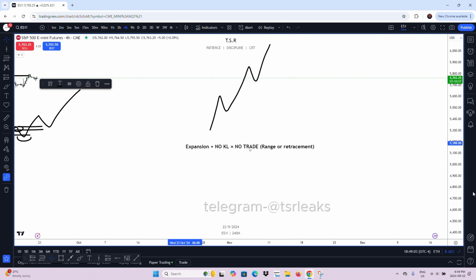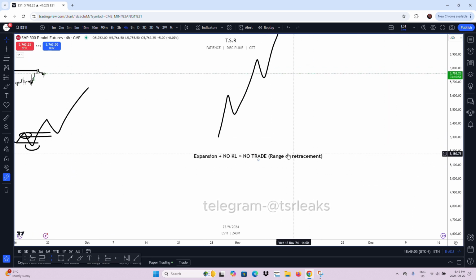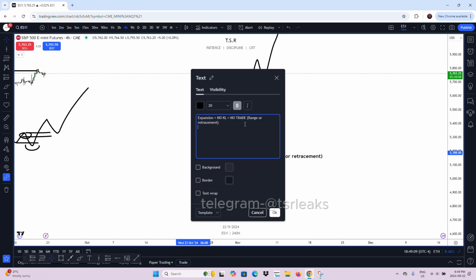We have a range or retracement, and like I said, you should only be focusing on trading an expansion or reversal. Now, what happens if we have the expansion plus a key level?